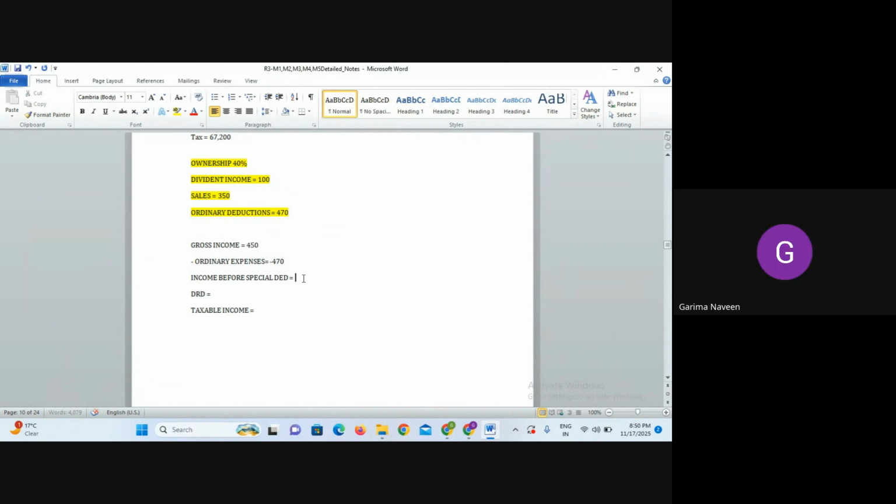And your income before special deduction is minus 20. So now DRD will be applicable on which amount? Will the lower amount be considered or only dividend income? Only dividend income will be considered. Yes. So now you calculate your DRD only on the dividend income. It will give you 65. That means you have net losses of $85.